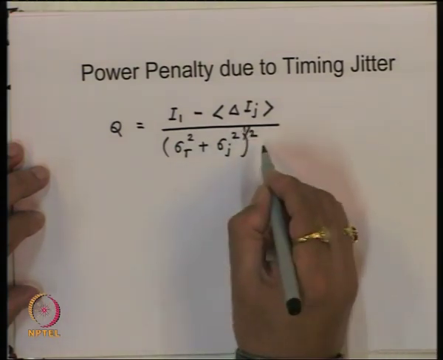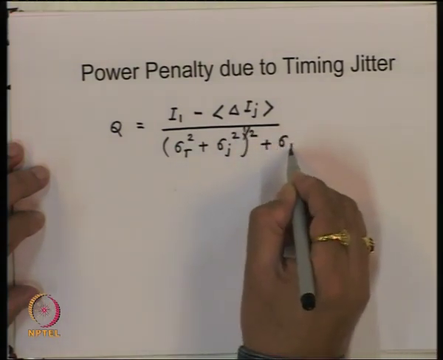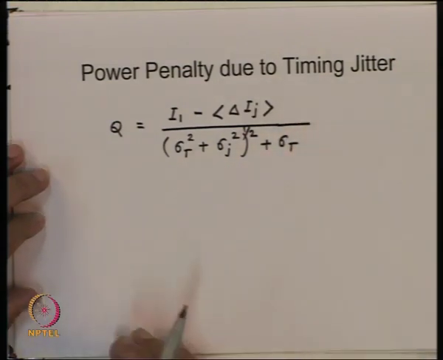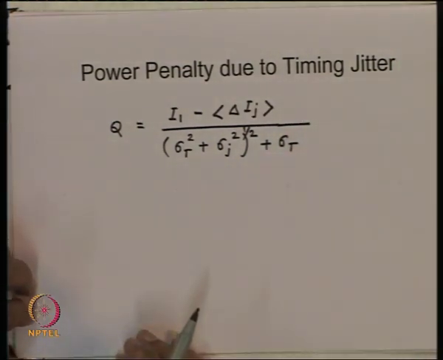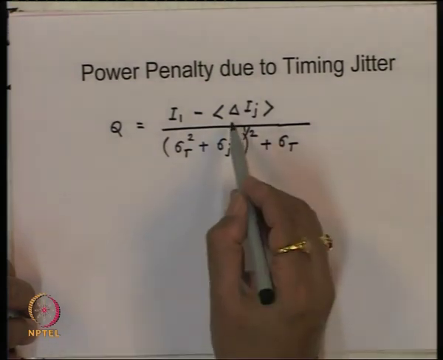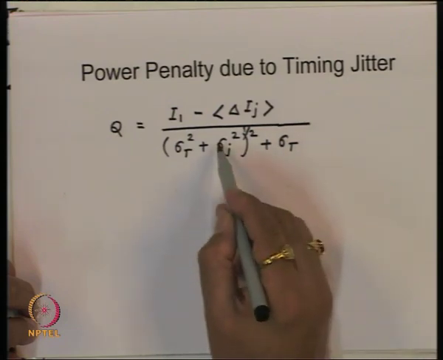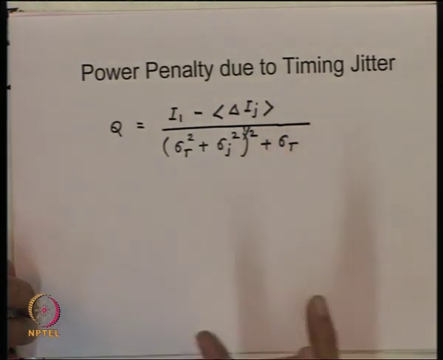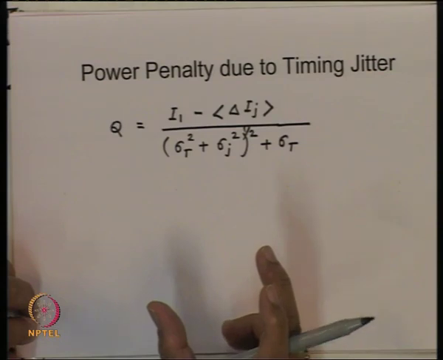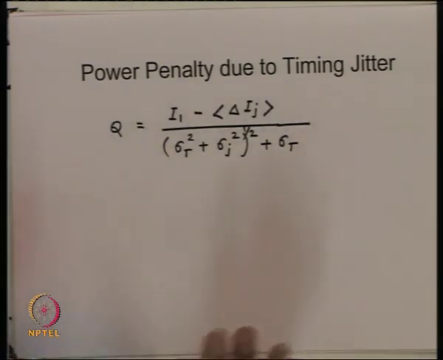So, sigma j is the RMS value of the fluctuation of the current due to the sampling time fluctuation.